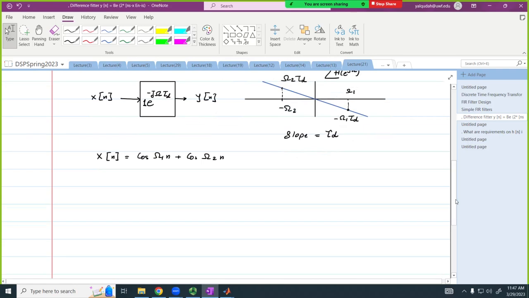Okay, so we came to this system and applied this input to it. The output of this system, y of n, is going to equal cosine omega 1 multiplied by n minus omega 1 multiplied by tau delay, plus cosine omega 2 multiplied by n minus omega 2 multiplied by tau delay.